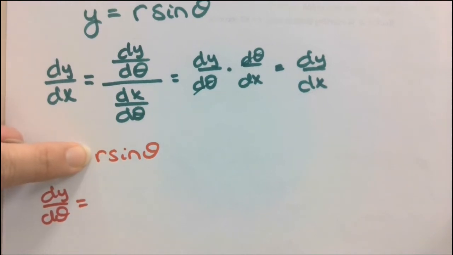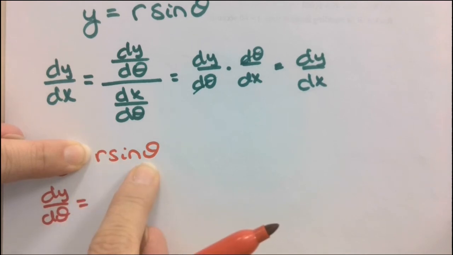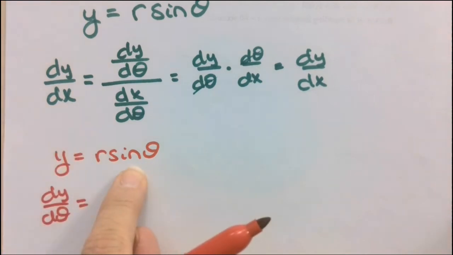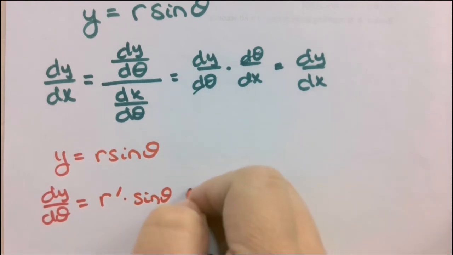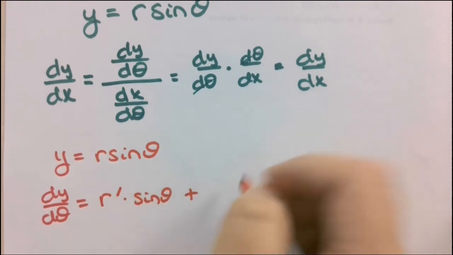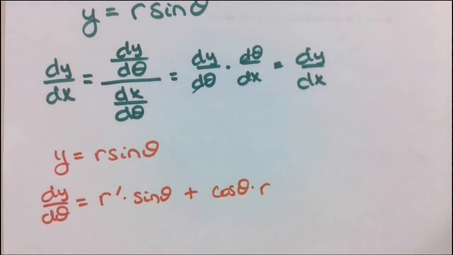Theta is the independent variable for that function. And then sine, of course, here is a function of theta as well. And so what I have going on here is actually a product rule, r times sine theta. So we're going to apply the product rule, which would be r prime times sine theta plus the derivative of sine theta, which would be cosine theta times r. f prime g plus g prime f.